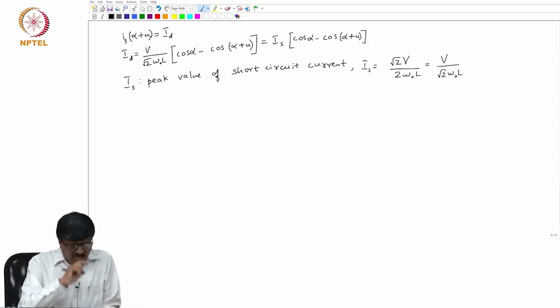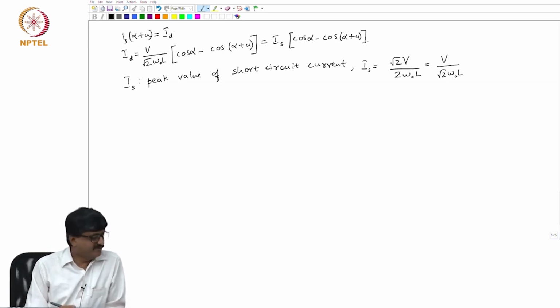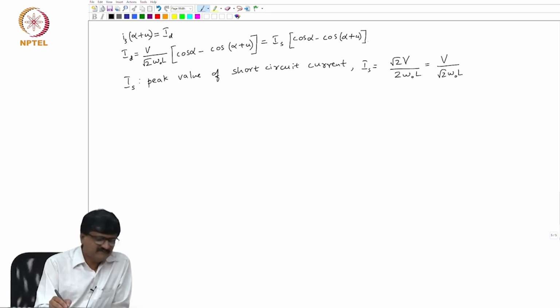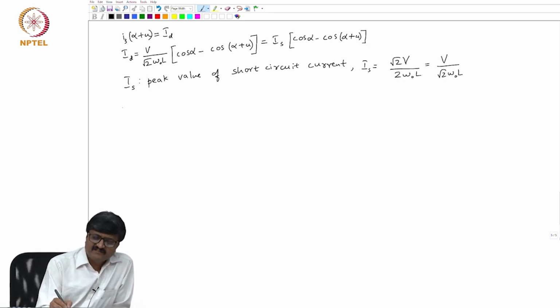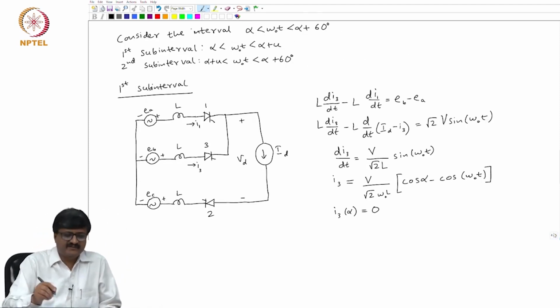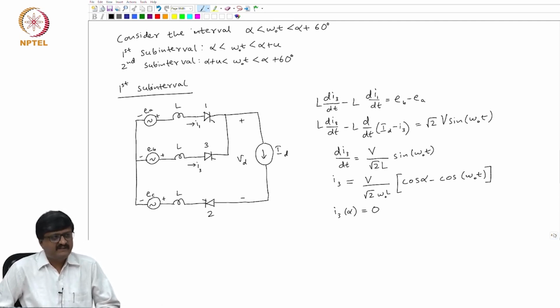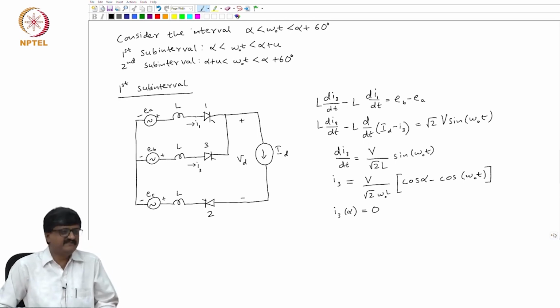Now, let us see what happens to the instantaneous value of the voltage on the DC side. If I take the first subinterval, what is VD? If you go to the equivalent circuit, where only the elements which carry current are shown, I can get an expression for VD from this circuit and the expression for I3 which I have just derived.